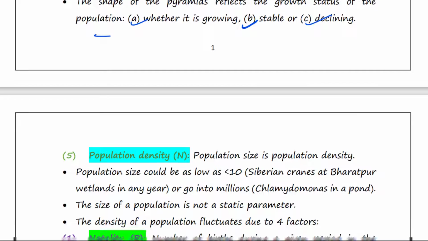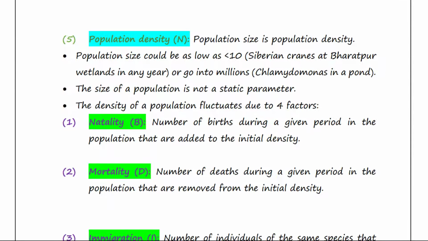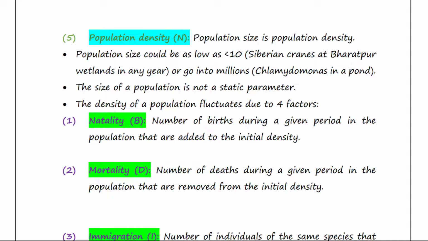Okay. Now, next is population density. So, population size is population density. This is very easy. Population size could be as low as less than 10, like in Siberian cranes at Bharatpur wetlands, where in any year it is less than 10, or it goes into millions like Chlamydomonas in our pond.